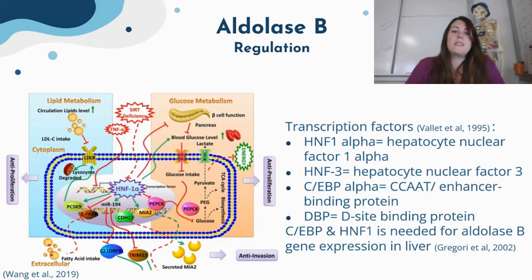Researchers also deleted the CEBP site in the promoter, resulting in no enhancer function in HEP-G2 cells from a human liver cancer cell line. This data suggests that both the CEBP and the HNF1 function is necessary for the expression of the aldolase B gene in the liver.